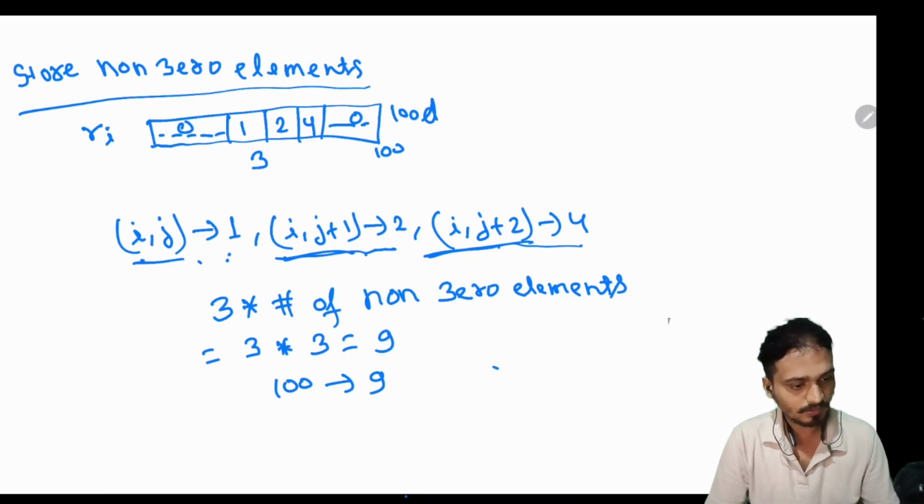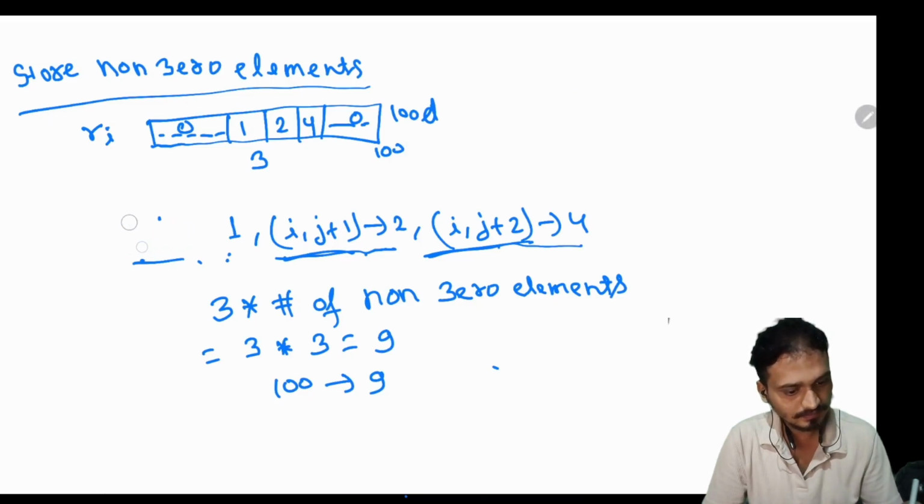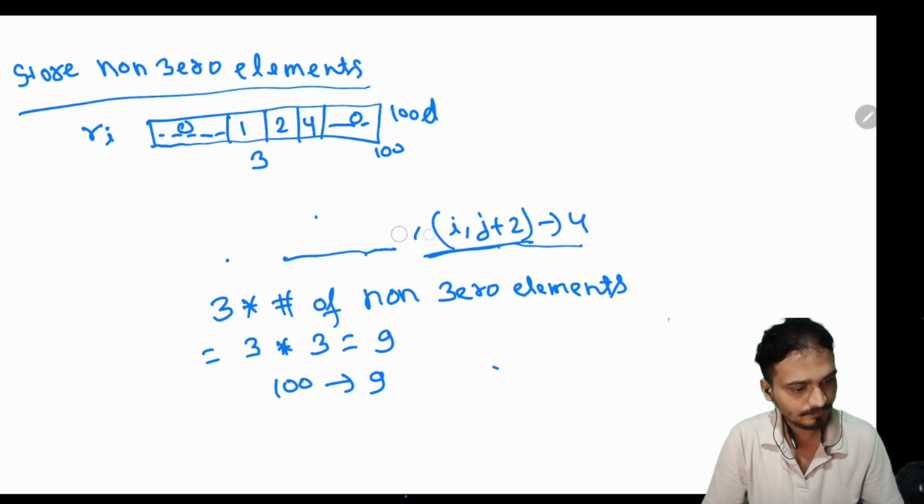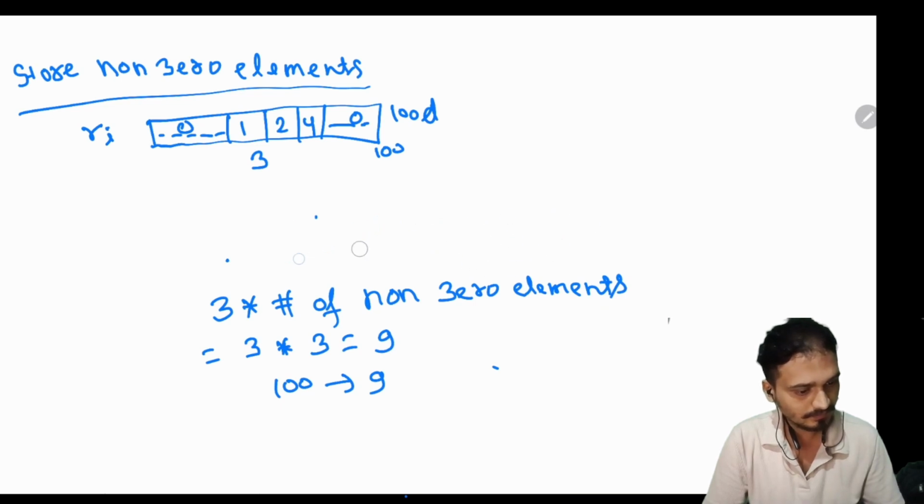And what will be the overall space complexity? Let's see. So let's clear this and make some space.